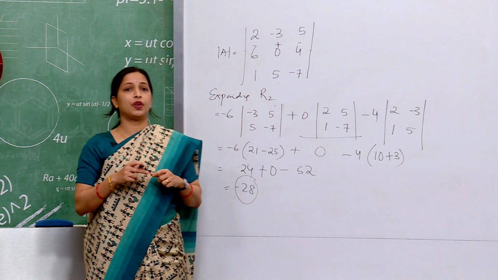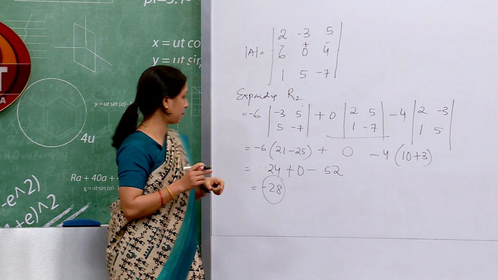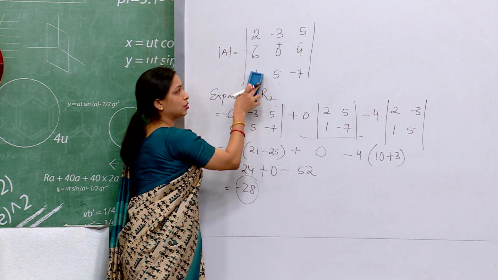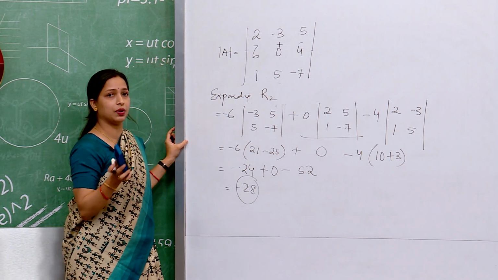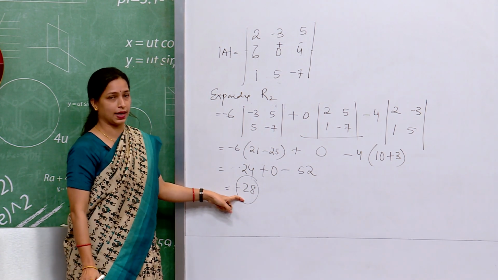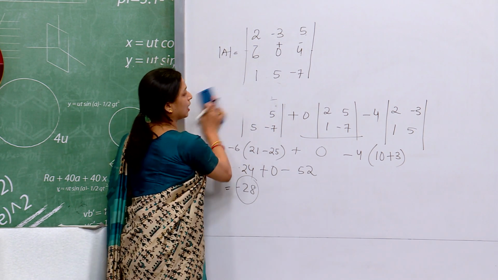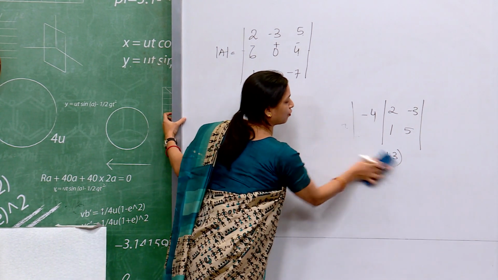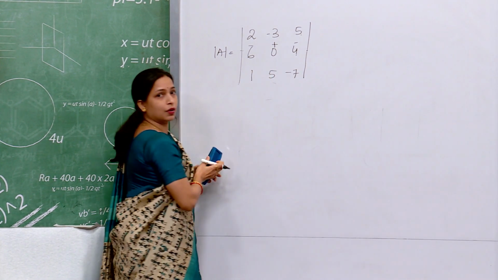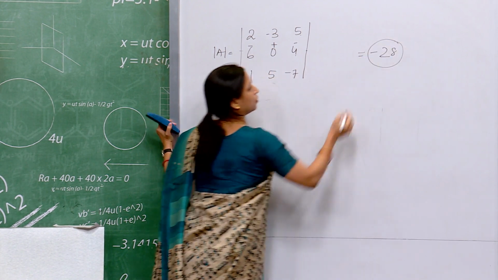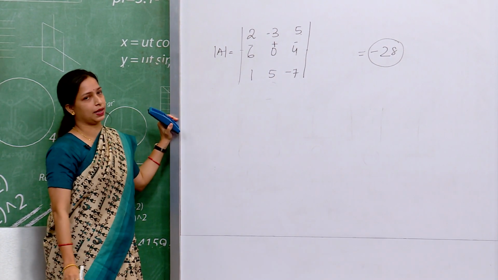Now, if we use the property, it says that if we interchange the rows into columns or the columns into rows, the value will remain unchanged. Now, you remember the determinant value has come to minus 28. So, let us interchange the rows into columns. For your understanding, I will write down the determinant value over here, so that we remember it is minus 28.